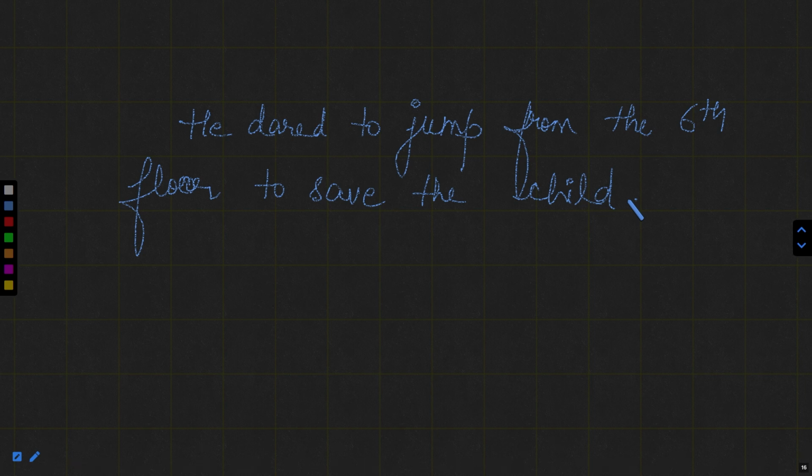He jumped from the sixth floor just to save the child. It means he is very courageous. Just to show that courage, he did so. So he dared. This is the action of "dare." So this "dared" is showing the positive sense. We can add "to" before the verb "jump." So if the sense is positive, we can add "to" before the verb.